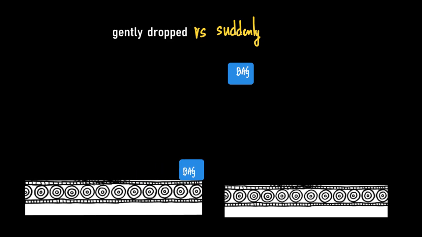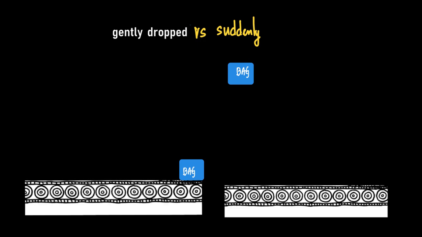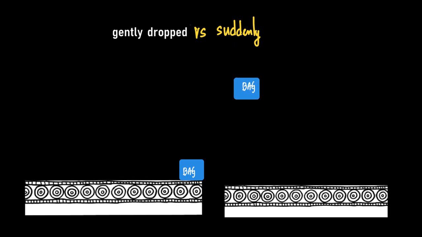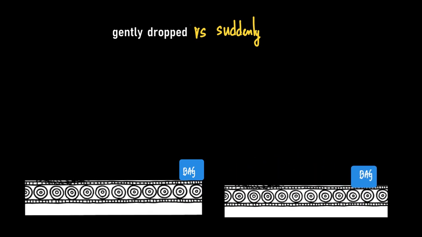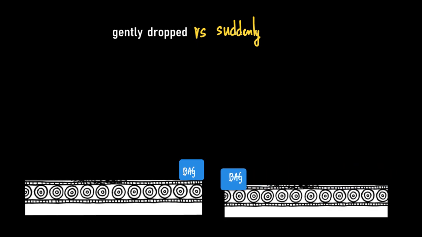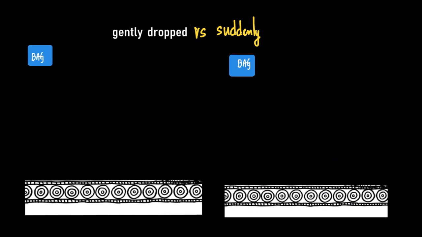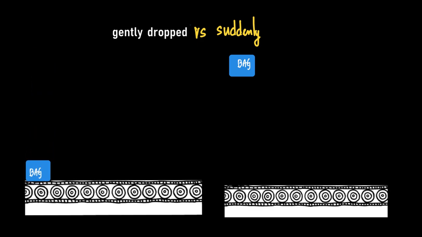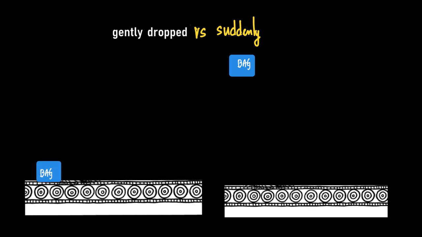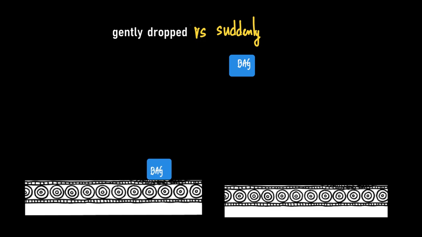Now what will happen if you drop it suddenly? If you drop it suddenly, the bag will come down like this. It will bounce, settle down, and then move with the velocity. Let's take this one more time. If you slowly keep a bag on the moving conveyor belt, its initial velocity would be 0, and it will pick up the pace. It will slowly accelerate, and then keep going along with the same velocity as that of the belt.